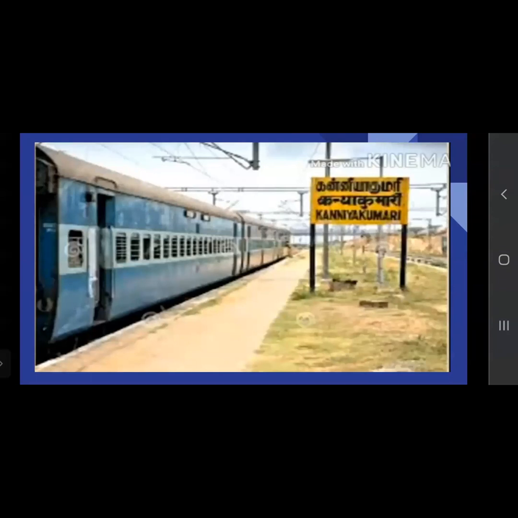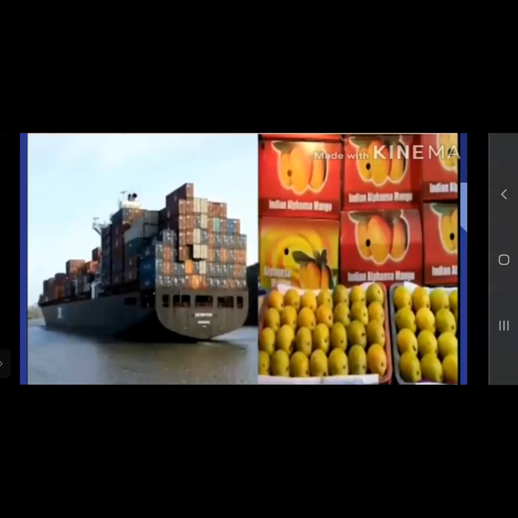Okay, then the next condition was you have to export Alfonso mango from Konkan to the Arabian countries. So first thing is that Konkan sea is there. So a large quantity of Alfonso mango you can transport by the ship.